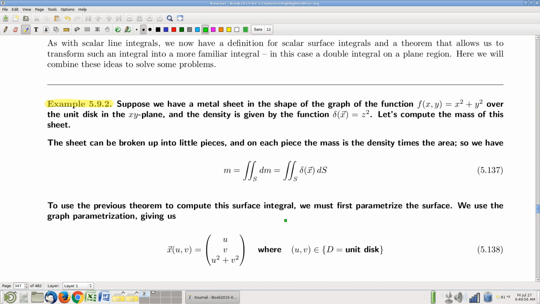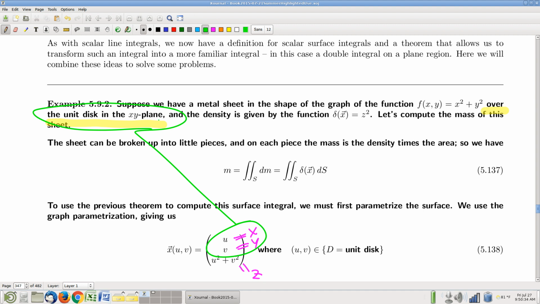Now let's think about some details here. We are looking not at the whole graph. The whole graph is an infinite paraboloid. That's not what we're interested in. We're looking at the part of this graph sitting over the unit disk in the xy plane. Keep in mind when you have a parameterization, those being x and y, this being z, the unit disk in the xy plane, well, x and y are u and v.